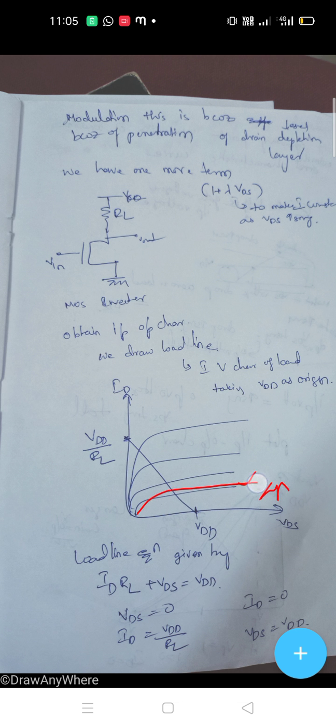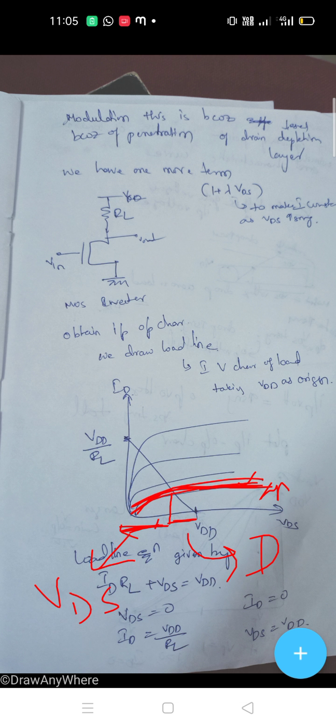So for this input voltage, what is the value of VDS? For this VGS voltage, this is the VDS voltage, and this is the drop. As we are increasing this gate to source voltage, what is happening?